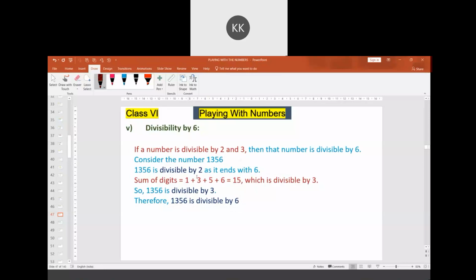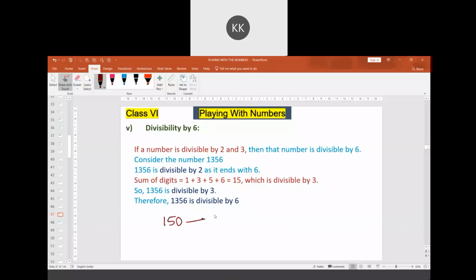Alright? Now you can ask any doubt if you have. Sir, is 150 divisible by 6? Now you should tell me whether it is divisible by 6 or not. 150, I am going to write.